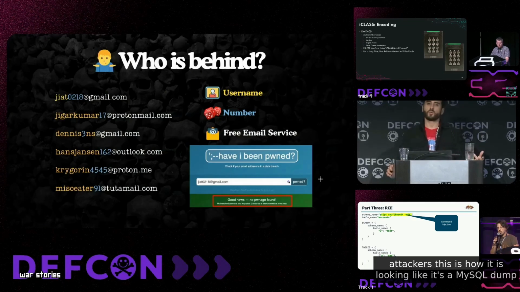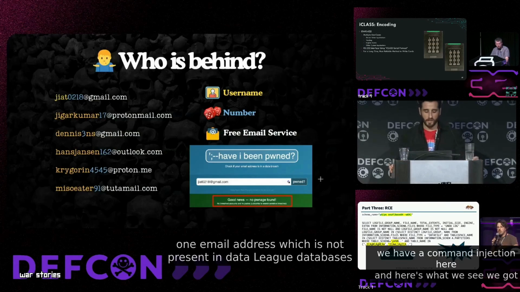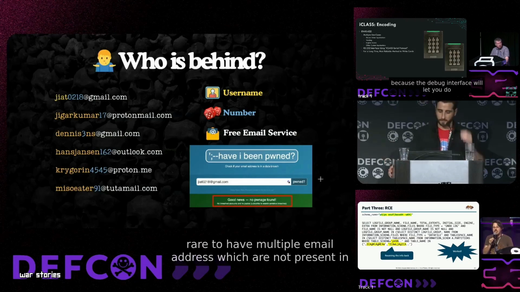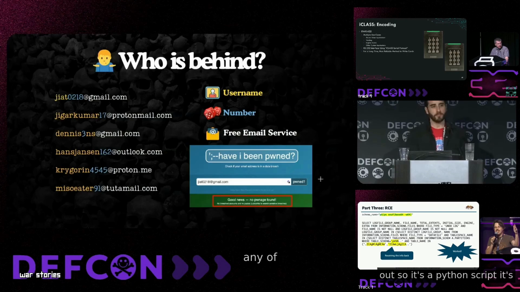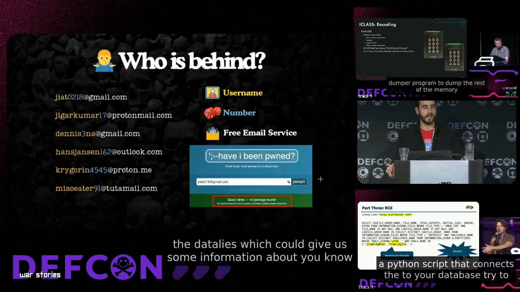Also, what I wanted to discover is whether these email addresses were, for example, known in public data leak databases. I checked for all of them, and none were present in any of the public leaked databases.